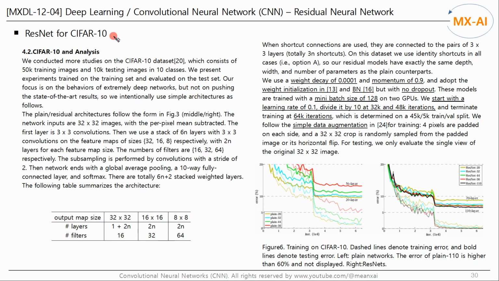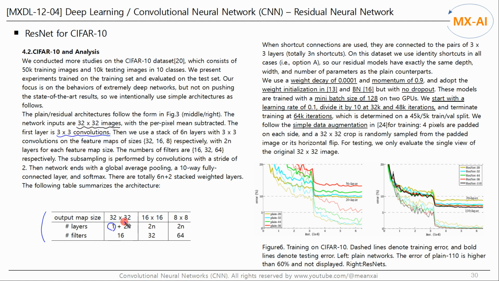Next, let's look at the residual network for CIFAR10. Since the image size of CIFAR10 is small, 32 by 32, we use a small residual network. The first layer is 3 by 3 convolutions.